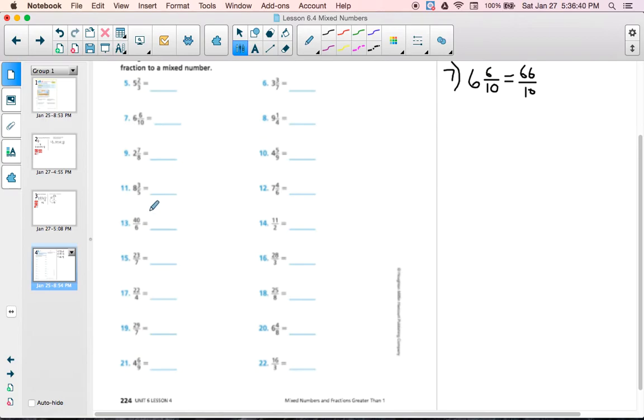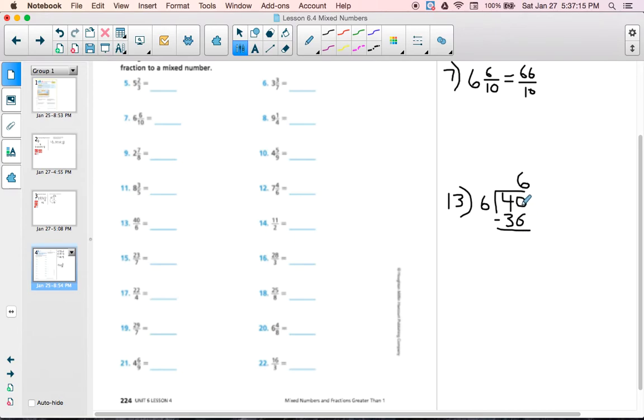All right, now these are fractions and we want to change them into a mixed number. Perhaps one of the easiest ways is just to divide the numerator by the denominator, okay? So number 13, if you take the numerator, 40, divide it by the denominator, 6, 6 will go into 40 6 times. 6 times 6 is 36.